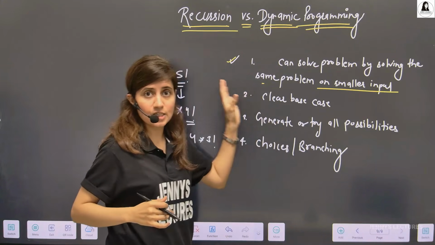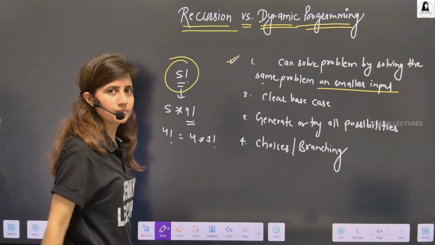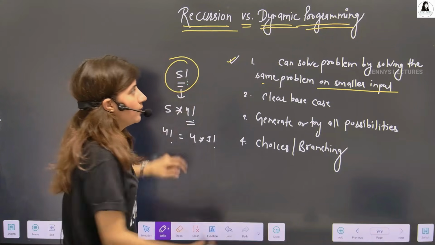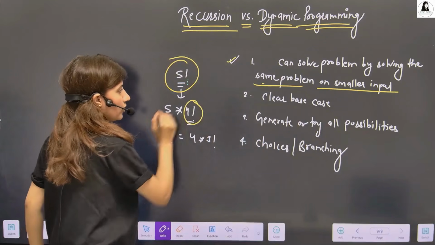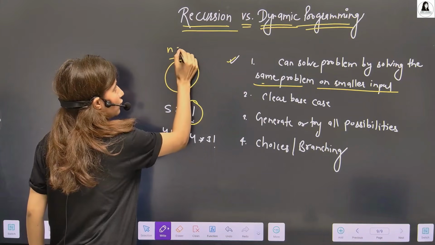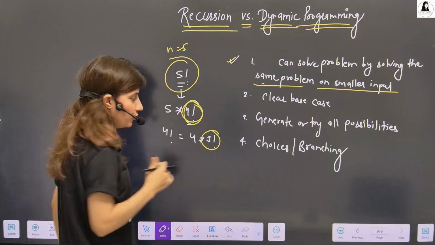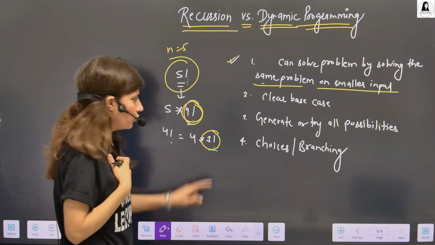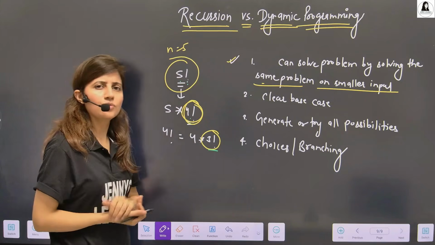Like in this case, factorial of a number. The big problem is to find 5 factorial. You can solve it by solving the same problem on a smaller input, 4 factorial. Previously n was 5, now n becomes 4, then n becomes 3. If you know 3 factorial, you can easily find 4 factorial. If you know 4 factorial, you can easily find 5 factorial.